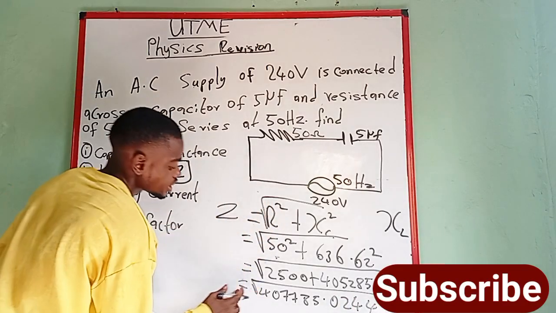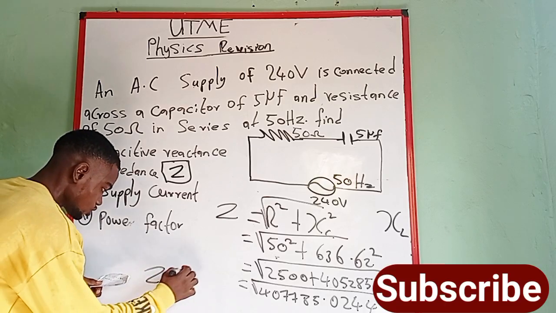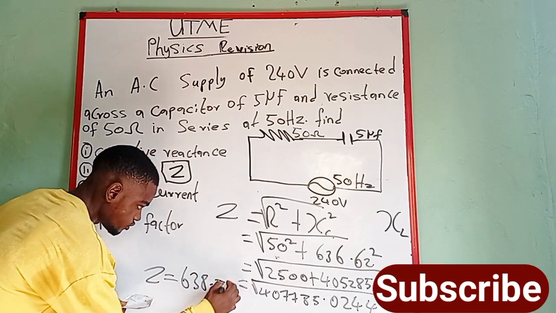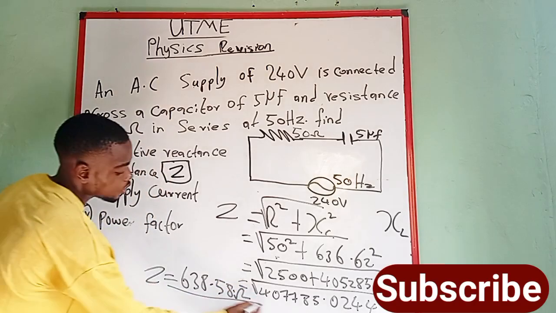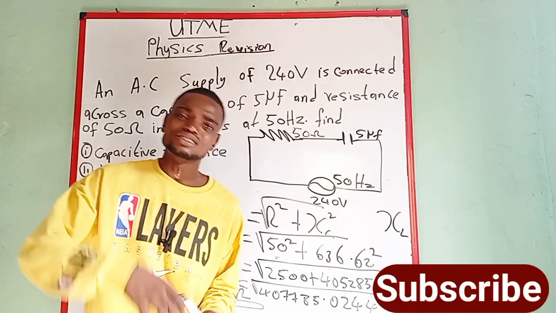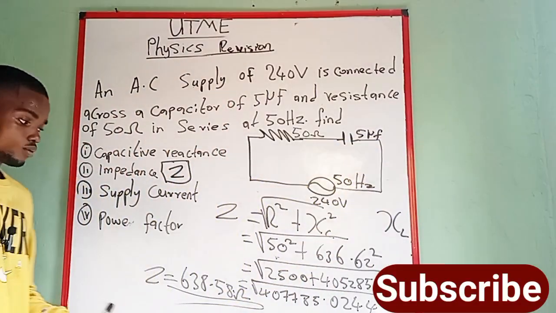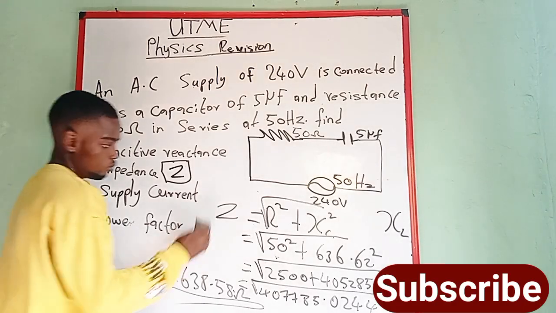Now if you take the square root of this, you find that impedance will be 638.58, and it is measured in ohms. So this is the impedance. Hope you understand this. So in a question where you have the inductor, you're going to use that formula.